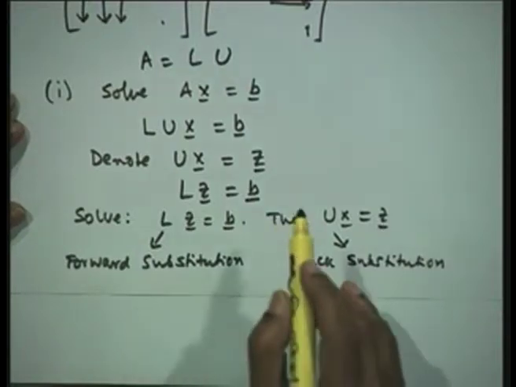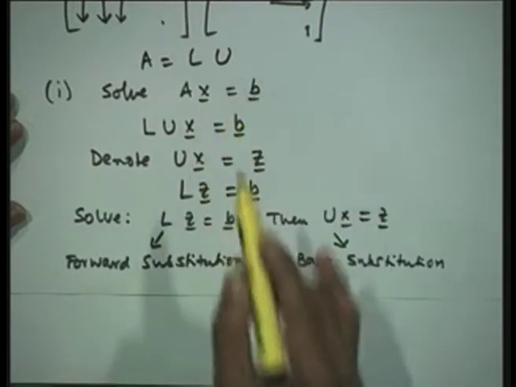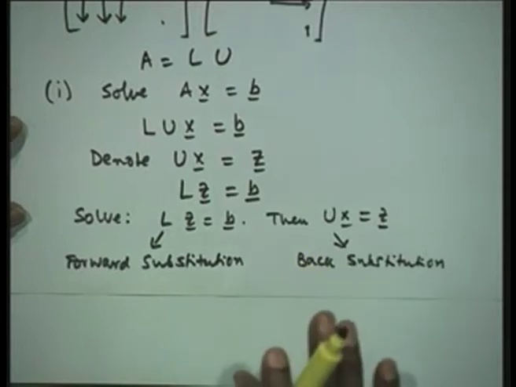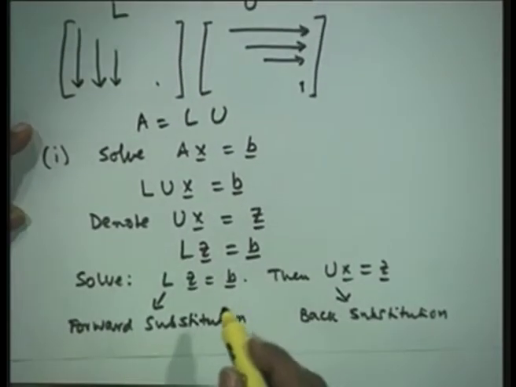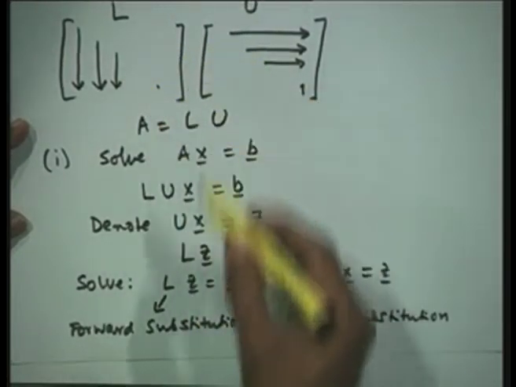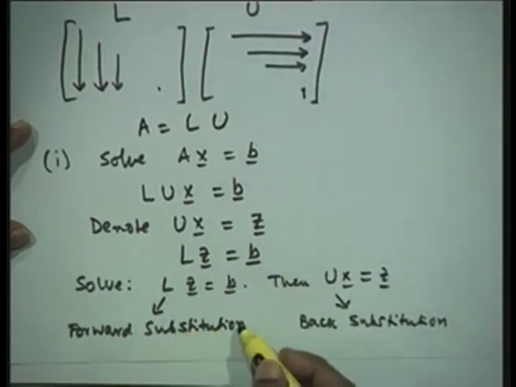Therefore, besides the decomposition of A into L into U, I need one forward substitution and one back substitution to get the complete solution of the problem. Obviously, the bulk of the work is in the decomposition of A into L into U. We can give the exact number of operations for the substitutions because they are simple.